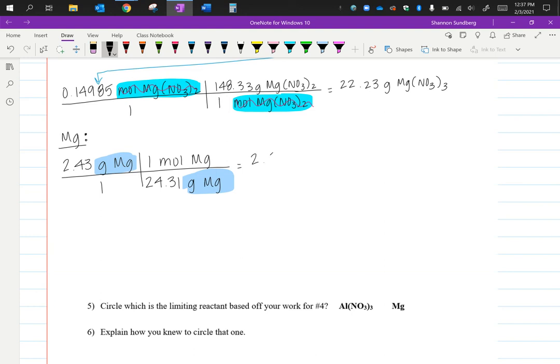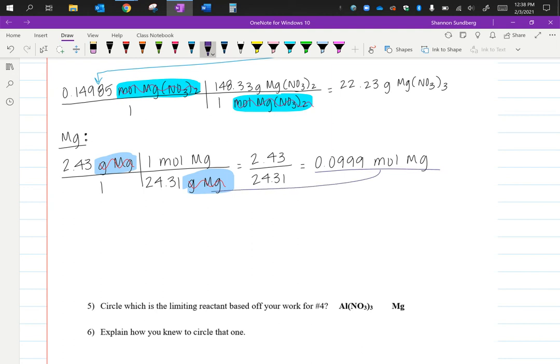So that's 2.43 over 24.31. Divide. And you're going to get 0.0999. What units? Well, cancel them. These are gone. You're going to be in moles of magnesium. That is your new given for your next set of T-charts.